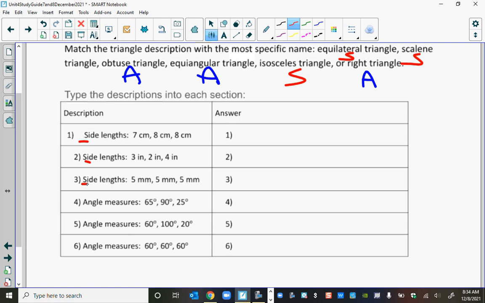I have a 7 and a pair of 8s. Is it an equilateral, isosceles, or a scalene triangle? If I have a pair of sides that are the same, it must be isosceles. Very good. Thank you, Fernando.